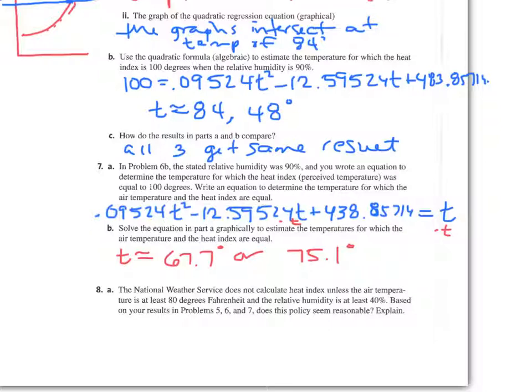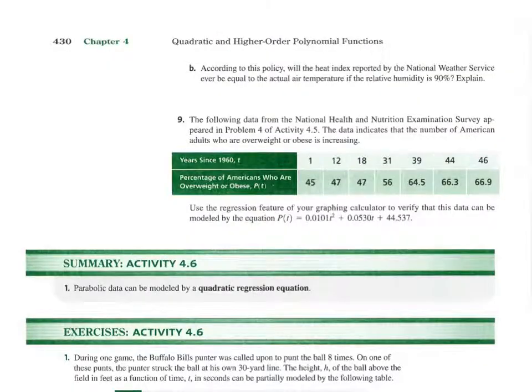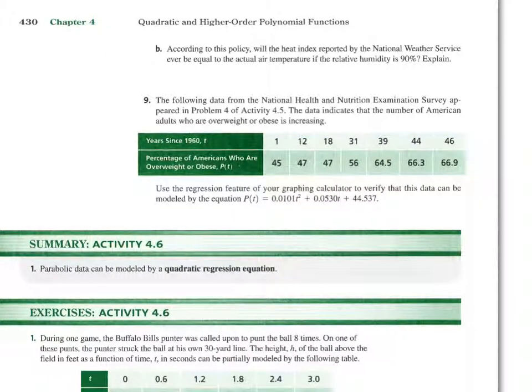I want to jump to the next question actually, because next flip the page and look at 8B. According to the policy, will the heat index reported ever actually equal? What we just found before was when the heat index and the temperature are going to be the same. And what we're saying, really, is this ever going to happen? According to the National Weather Service, they don't actually start reporting until 80 degrees. So both of those temperatures were before that.